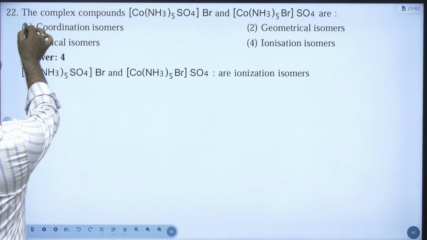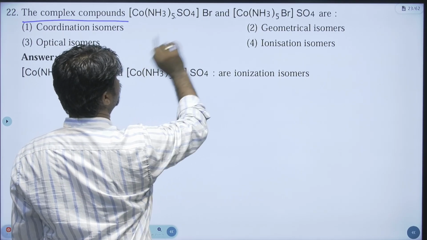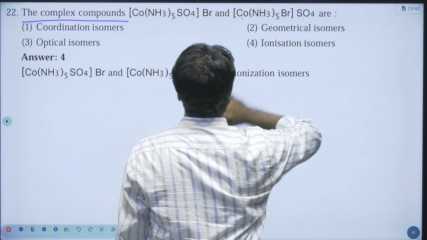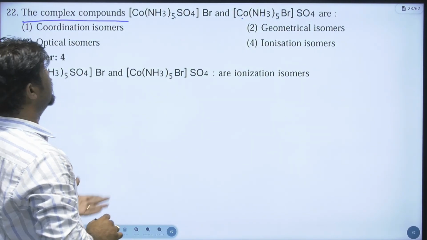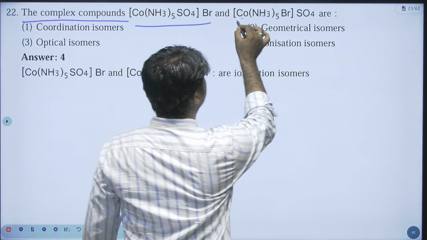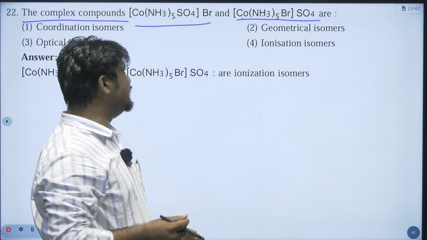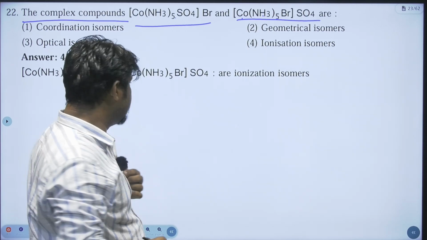The complex compounds [Co(NH3)5SO4]Br and [Co(NH3)5Br]SO4 belong to which type of isomers? Here these two compounds have the same molecular formula but differ in the ions inside the sphere and outside the sphere.